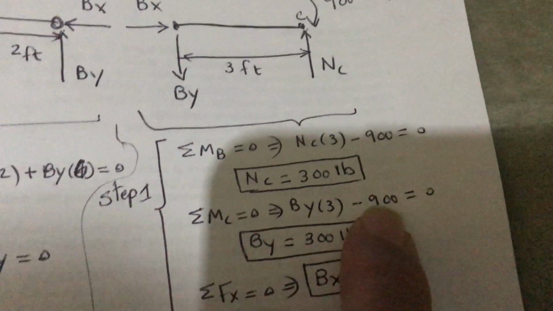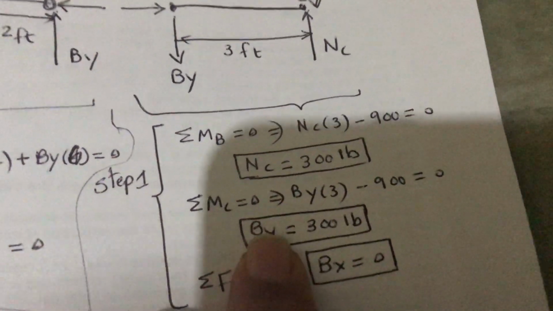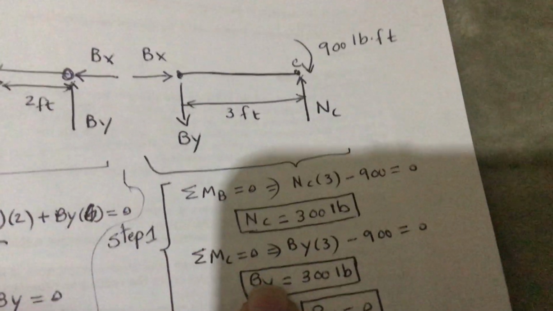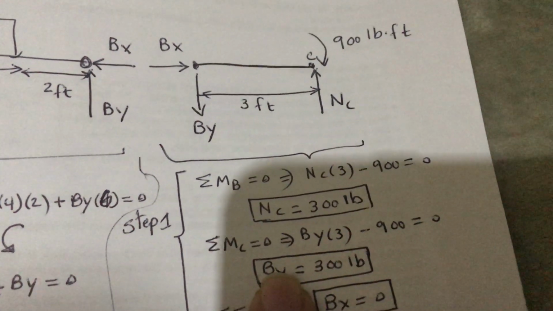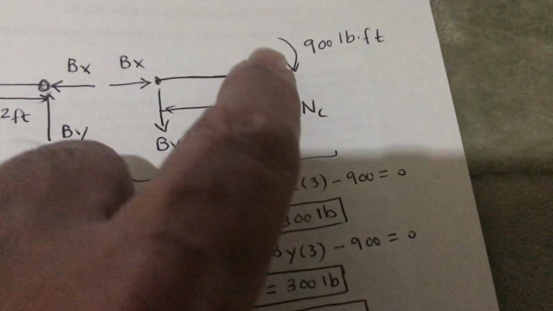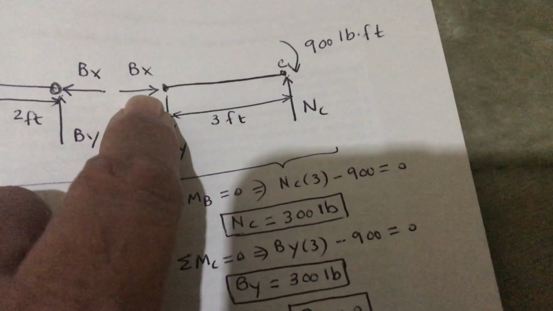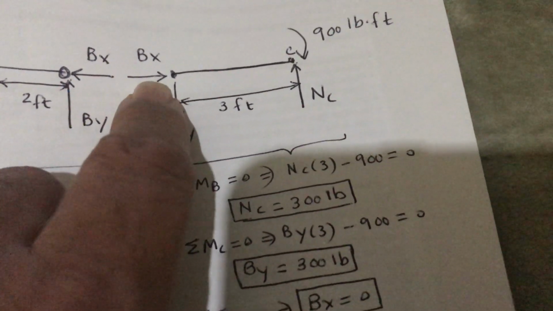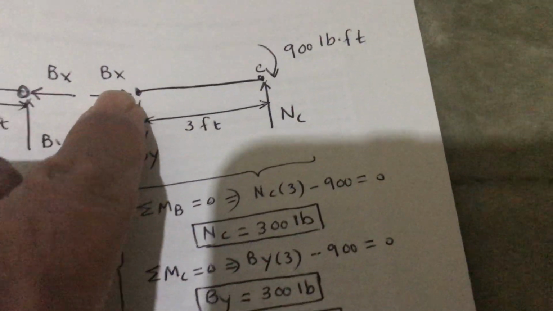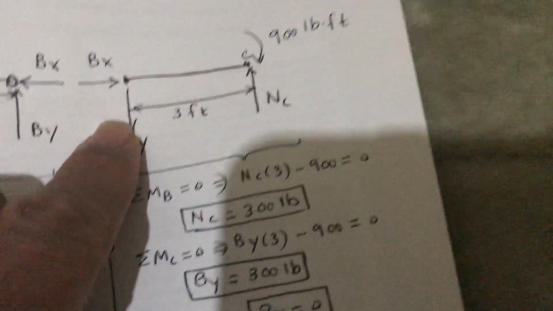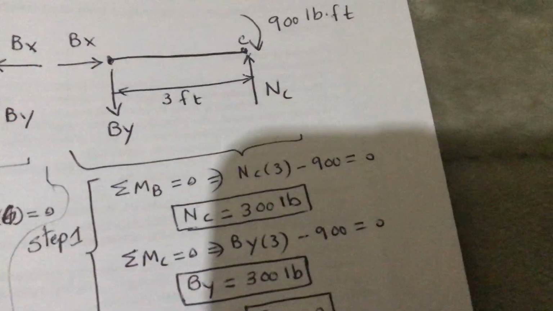You could do either summation of force in the Y and find BY, or summation of moment at C. Whichever way you like. And there's nothing in the x-axis except this, so BX equals 0, because summation of force in x equal to 0 makes BX equal to 0. So now we solve: BX is 0, BY is 300 pounds, and NC is 300 pounds.